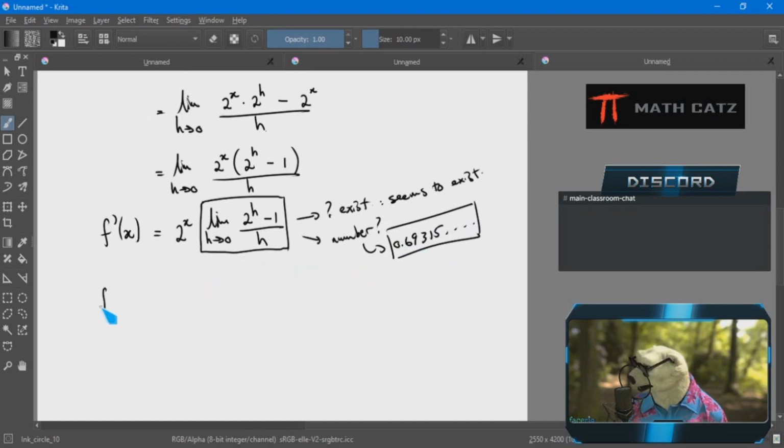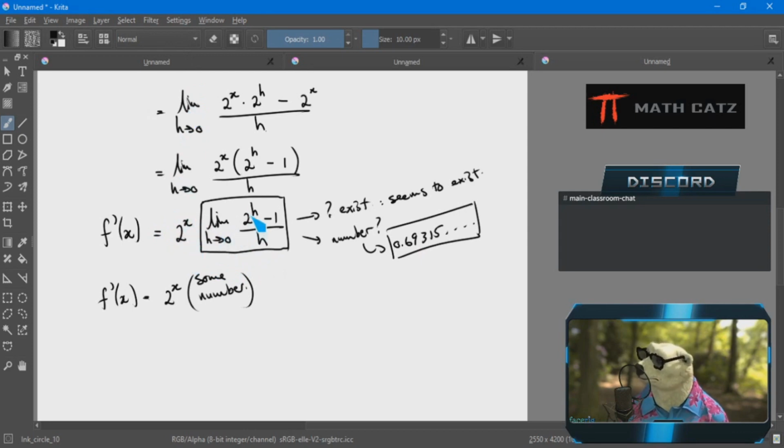So what I have is my derivative. It's not that nice. I have 2 to the x times some number. Now, I don't really look at this number too closely because I realize that if I had a different exponential function, 2 was just my example base. I could have any base.